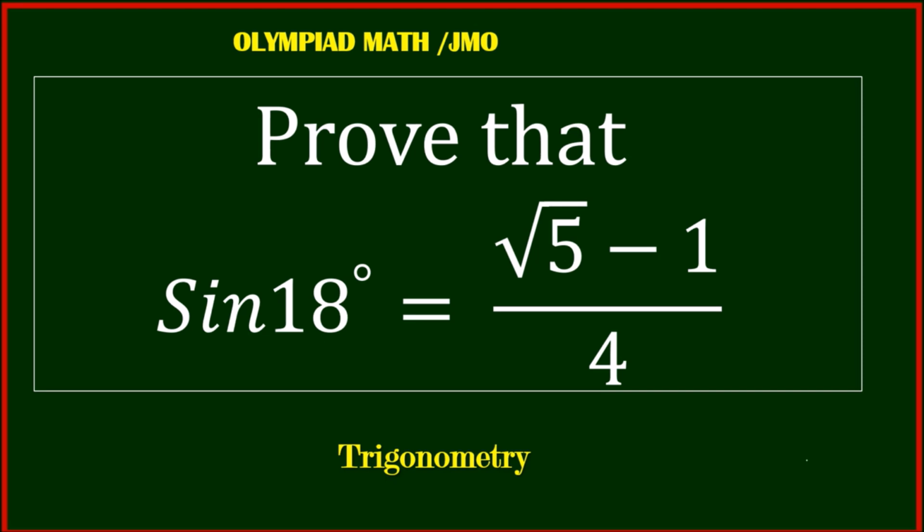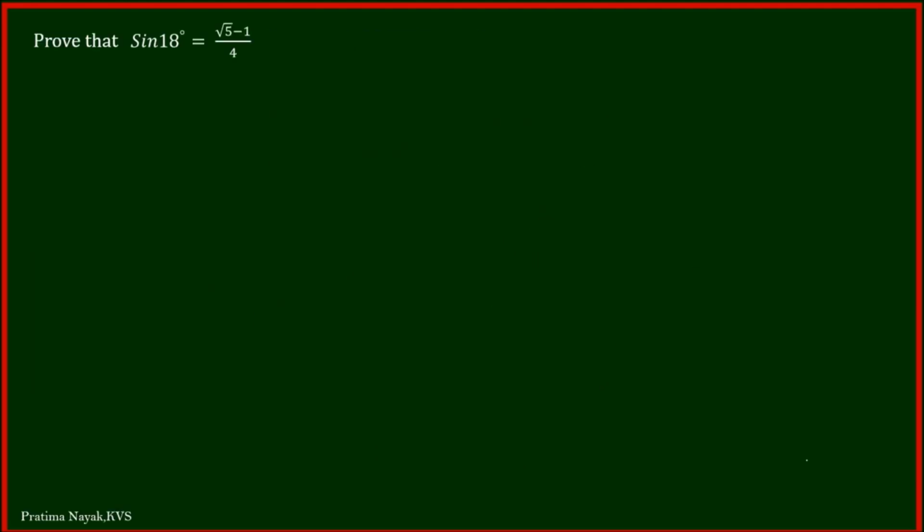Question is, prove that sine of 18 degrees equals square root 5 minus 1 whole over 4. So let's take theta as 18 degrees.